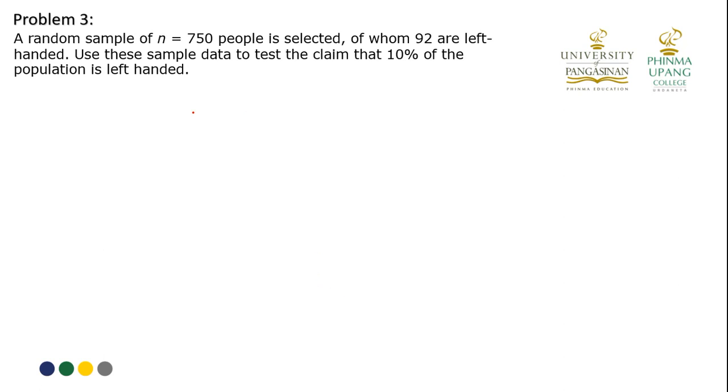Next. So, yung last problem natin sa ating day 24. So, given natin, n is 750, 92 are left-handed. Sir, anong direction nito? Is it less than because of the word left? Hindi po. Kasi yung parameter natin is left-handed ang pinag-uusapan. Hindi po yan direction, ha? So, dito tayo sa p hat.